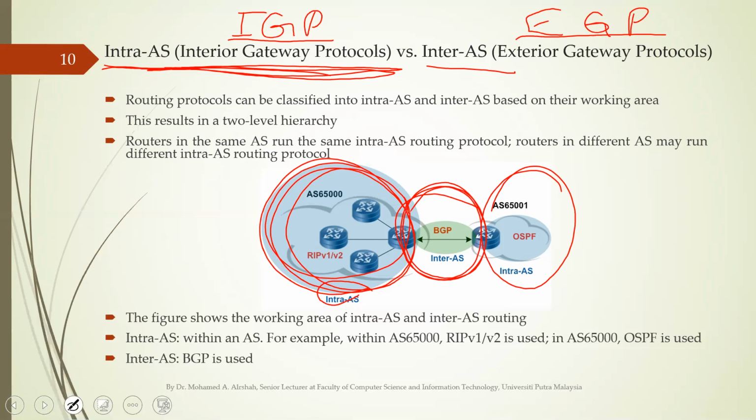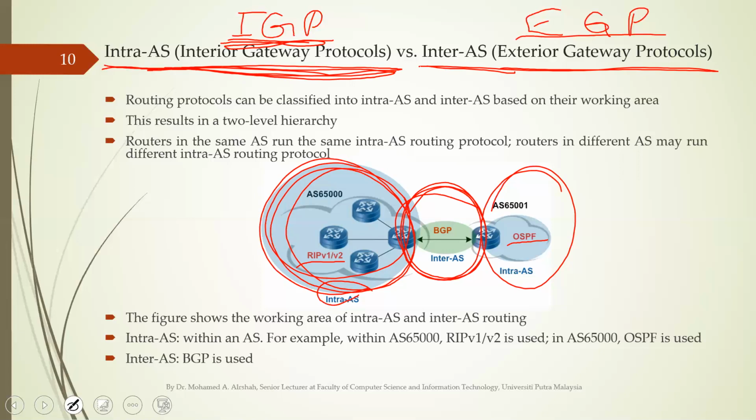One of the examples of the interior gateway protocols is OSPF and also RIP. Am I right? So RIP and OSPF are both considered IGP, or interior gateway protocols. BGP is considered an exterior gateway protocol, or inter-AS.